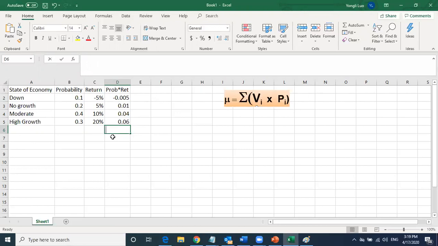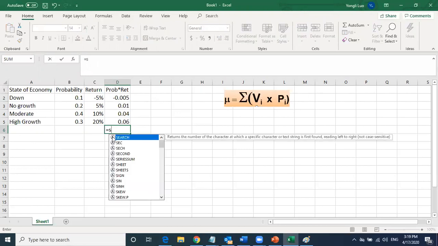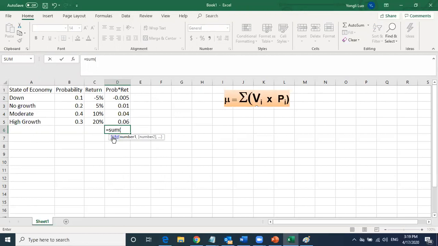Your expected return is going to be your sum. You see this sigma sign is a sum. You sum all these products, so that's your expected return.